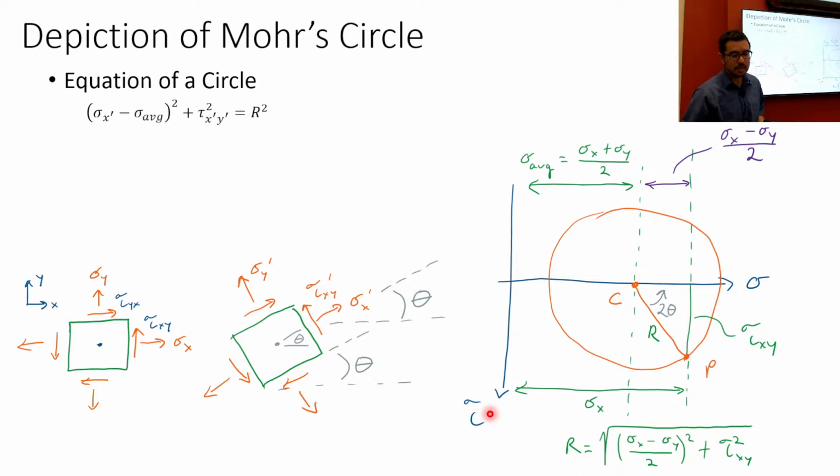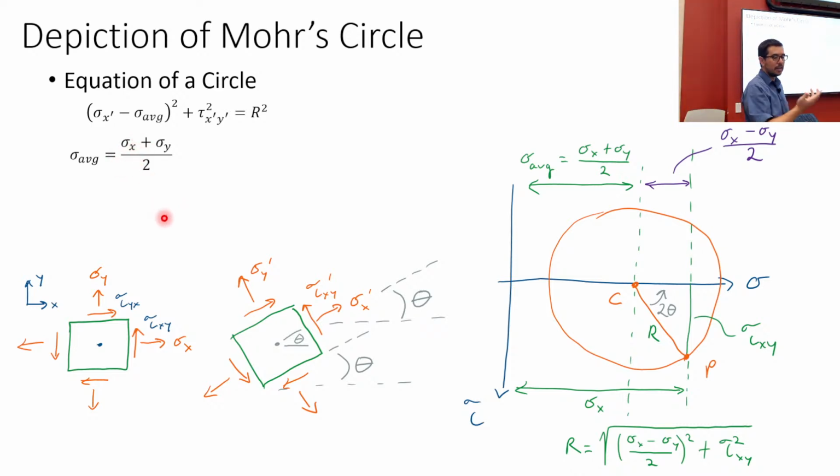So at this point, what we've said is we have an equation of a circle. And we've said that we have a radius, which is defined by that big monstrous thing, square rooted. I don't know if you can say that. Can you say something is square rooted? Probably not. The square root of that thing on the right. And the center of the circle, that x naught, is going to be defined by the average of the normal stresses.